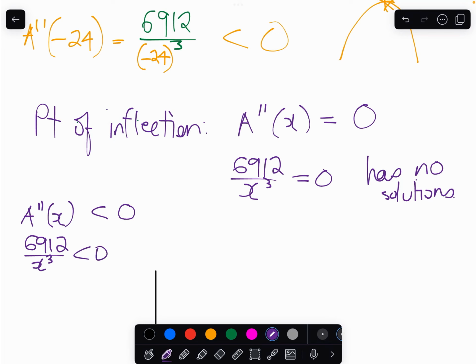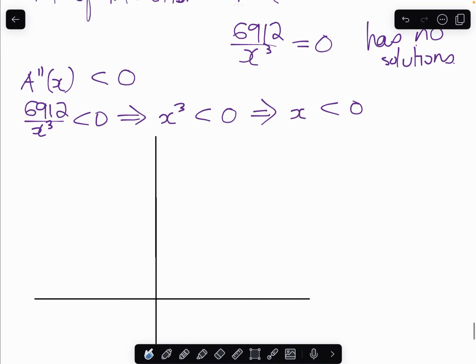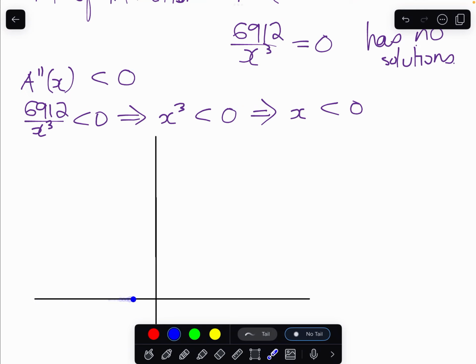In order for it to be negative, we will need x cubed to be negative, right? That's the only way that this division is going to give us a negative number. And in order for x cubed to be negative, then x has to be negative, right? So that means that for the whole of this side of the x-axis, our graph is concave down.